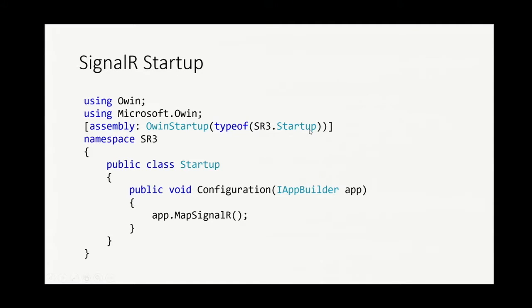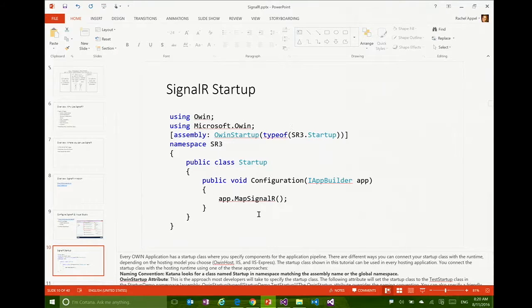Just whatever namespace you want is fine. But as long as you have a class called Startup and it calls app.MapSignalR, that signifies to ASP.NET proper that it is going to allow SignalR to do some work, and it's going to kind of hang back and let SignalR do it. Once we put this in our project, then SignalR can start up and can start working.